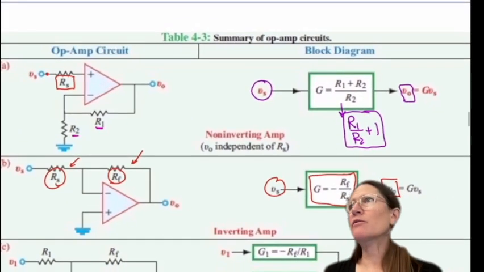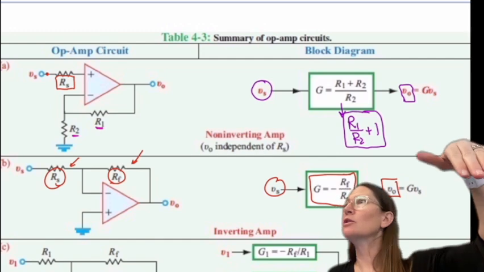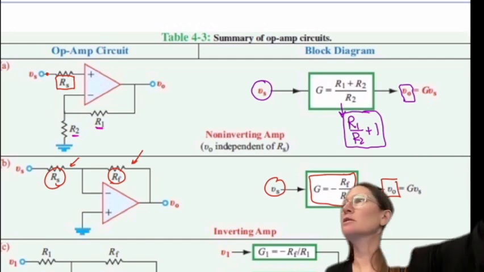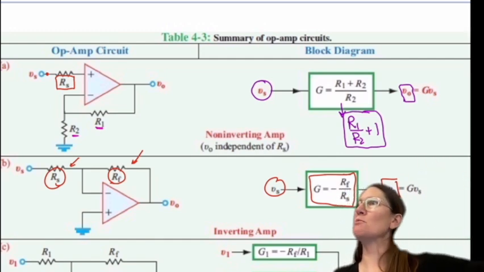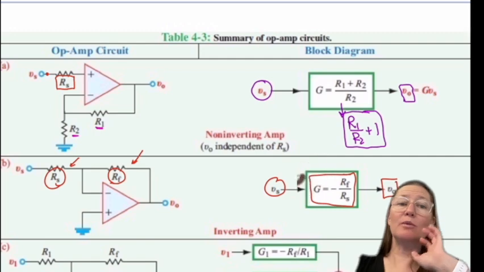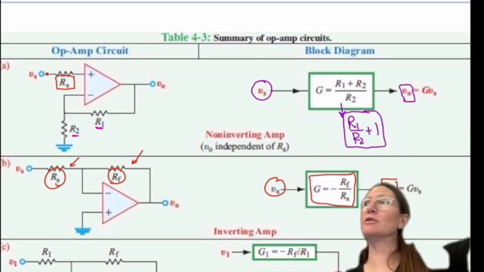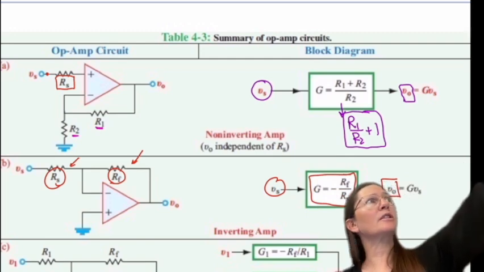I went through the derivation last time if you want to look back at that video. You can write it either way, R1 plus R2 over R2, or the fraction. The way I like to remember it is that the amplification is R1 over R2, or RF over RS, the feedback resistor over the one where the input is, or the bottom one.